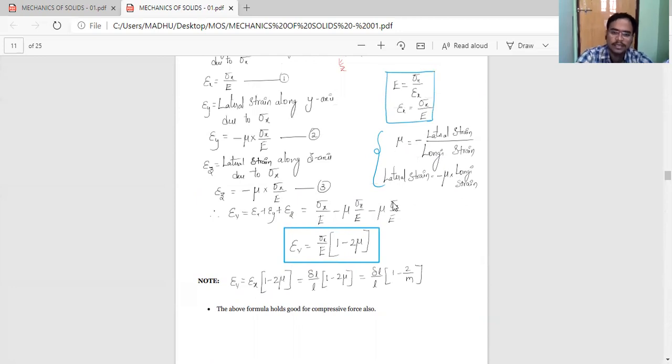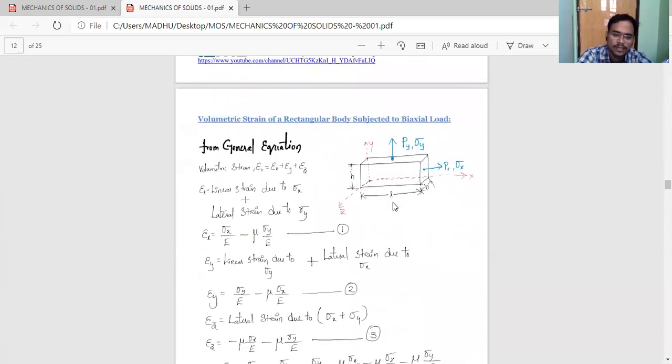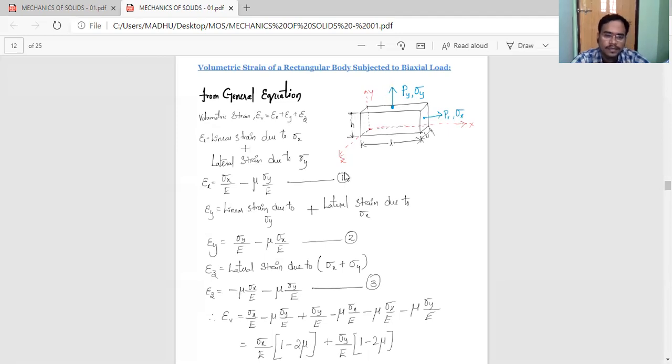Because of this Py, sigma y is induced, and epsilon y is given by minus mu into the primary strain, sigma y by E.